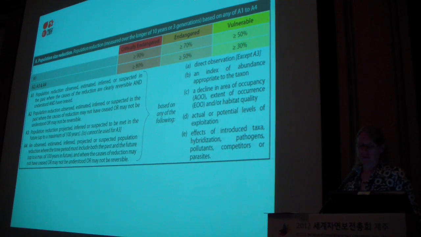Or it may be based on exploitation levels of the species. Or it may be based on any of these other factors, so pollutants, pathogens, viruses, diseases, introduced species. You can use one or any combination of these as the basis of your rate of reduction.